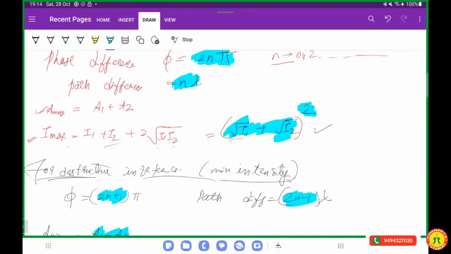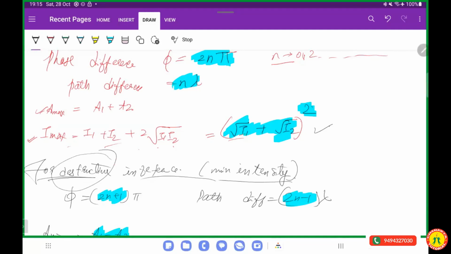Then any question in this? Any doubt? Anything you want to ask in this one? Are you able to understand what constructive means and destructive means actually?